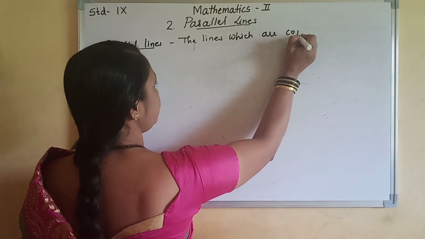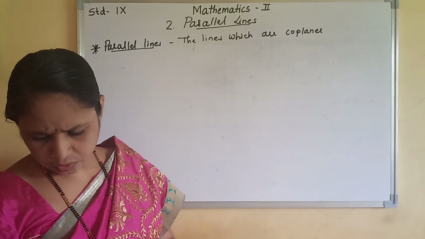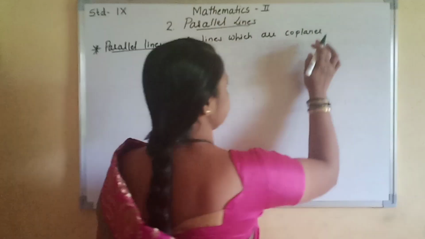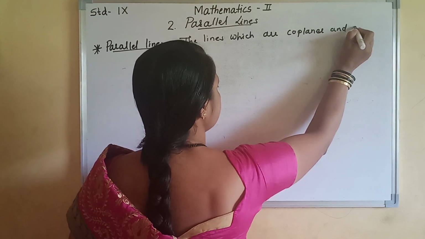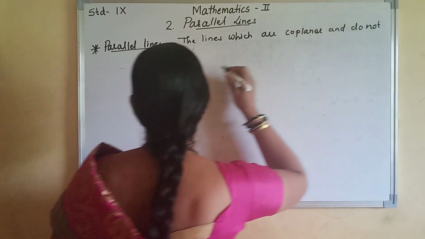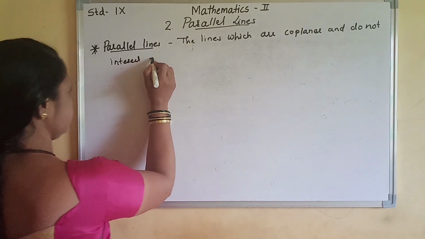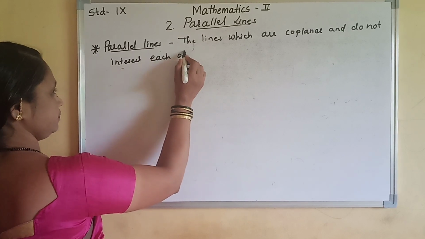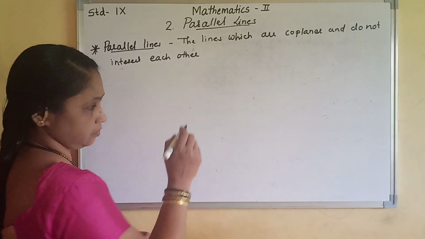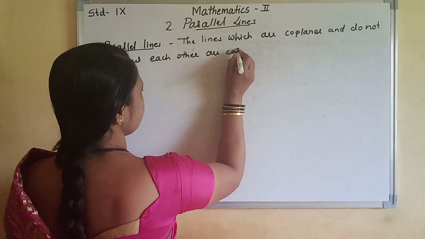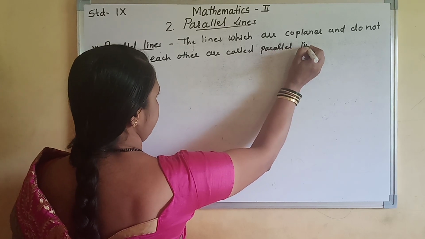The lines which are coplanar and do not intersect each other are called parallel lines.